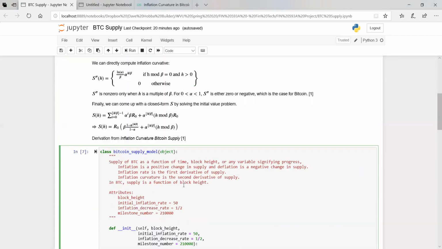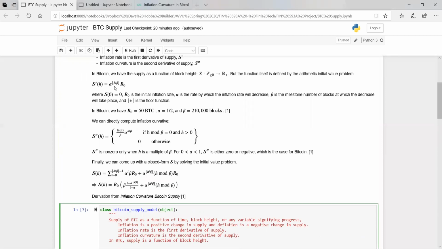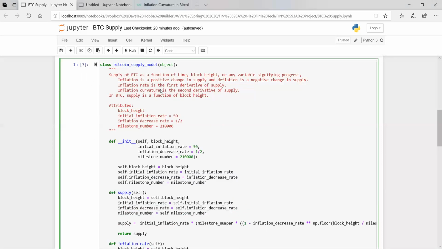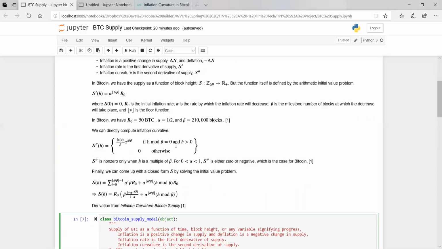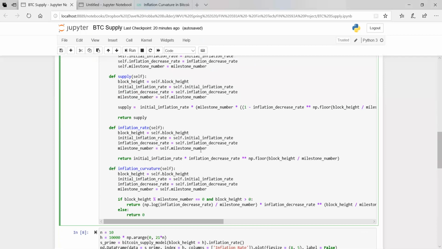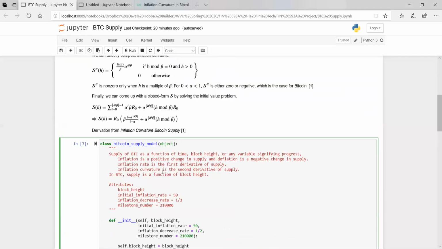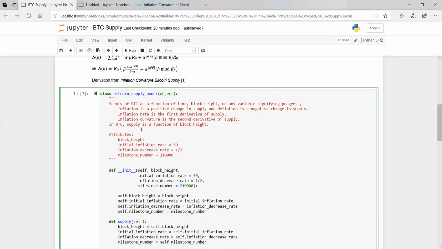Then the inflation rate would be the first derivative, which is this number here, or S prime of H. This is inflation. Then the second would be inflation curvature. Again, we don't use that for this model, but we do use the inflation rate. We do use the supply. So I wouldn't recommend trying to copy all of this. I would just save the notebook file on eCampus.